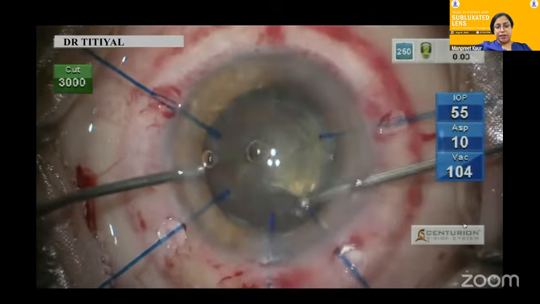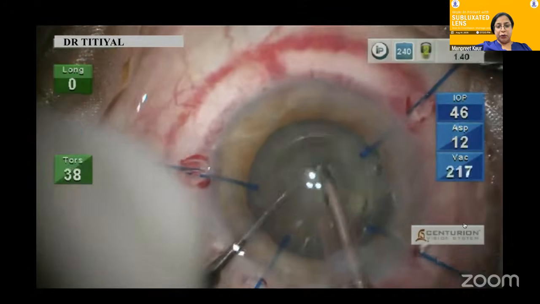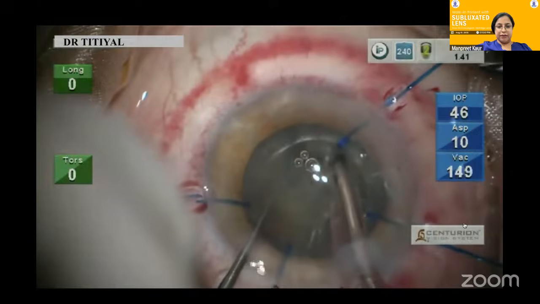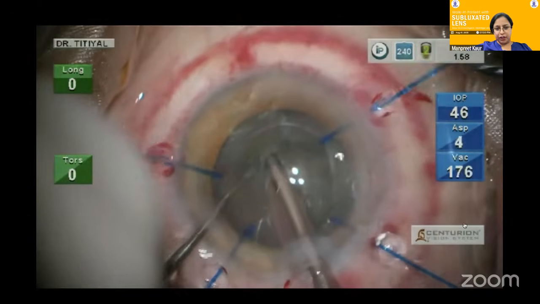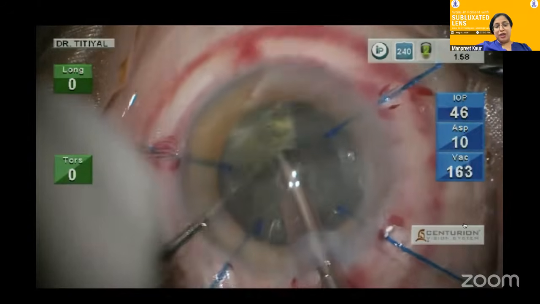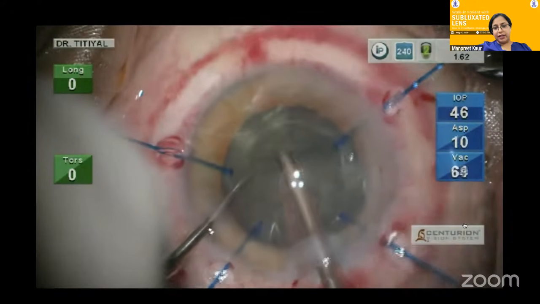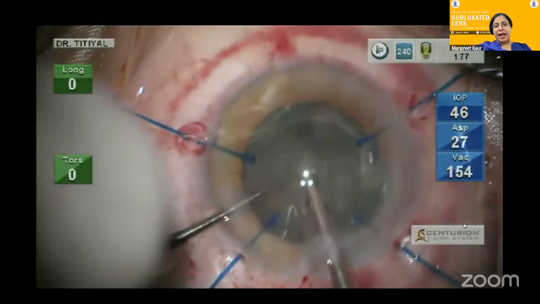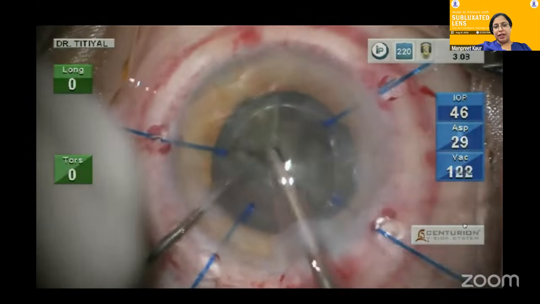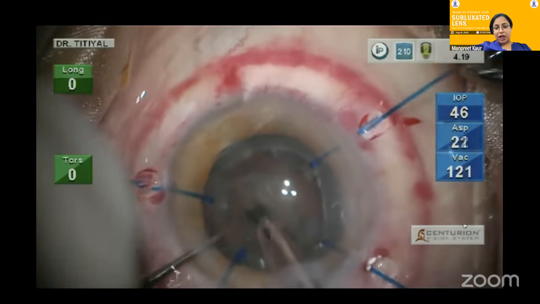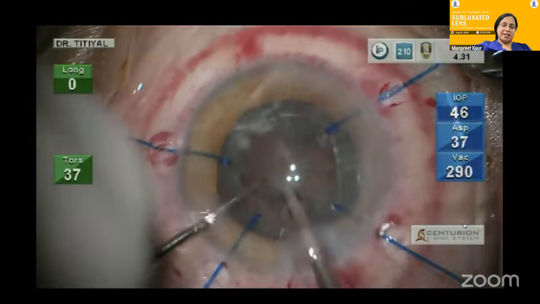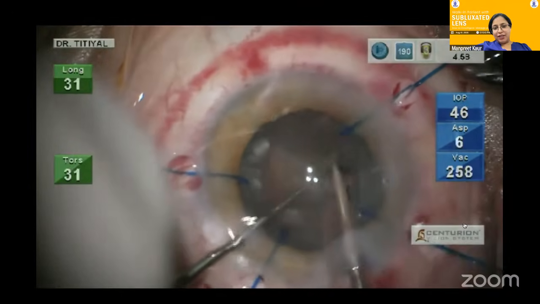Once the vitreous is removed, the pre-fragmented nucleus can be easily emulsified using your standard phacoemulsification probe. As you can see, despite being such a large subluxation with so much vitreous in AC, you can see minimal anterior chamber fluctuations happening. There is no struggle that is visible, which is in part, of course, due to the expertise of the surgeon.